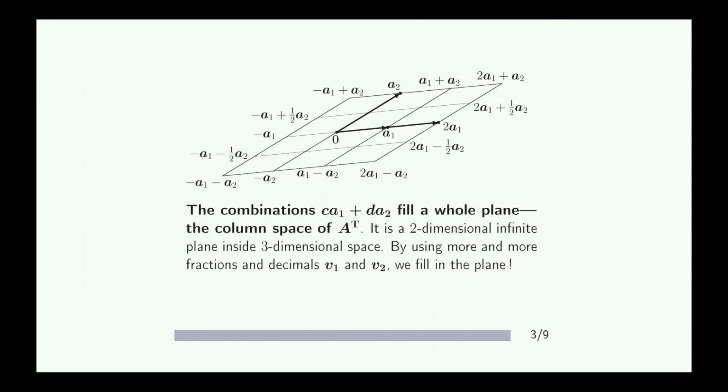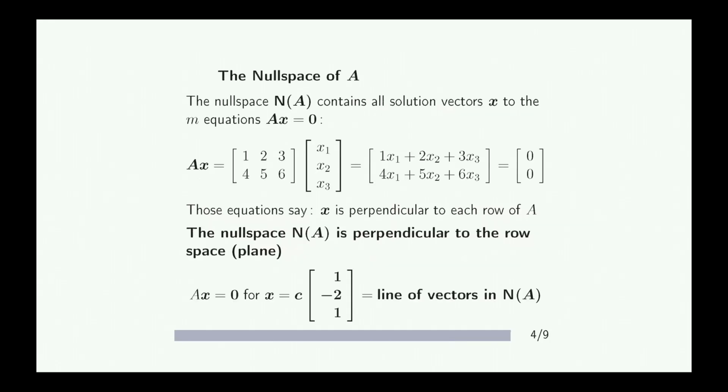Now, only 2 more spaces to go in this example. The null space, what does that mean? Again, it's a space of vectors, and the null space of the matrix has all the vectors x that give Ax equals 0. If you know all those, then that's a natural bunch of vectors. So here we have to solve Ax equals 0. You see the A matrix, the 1, 2, 3, 4, 5, 6, and you see the x vector.